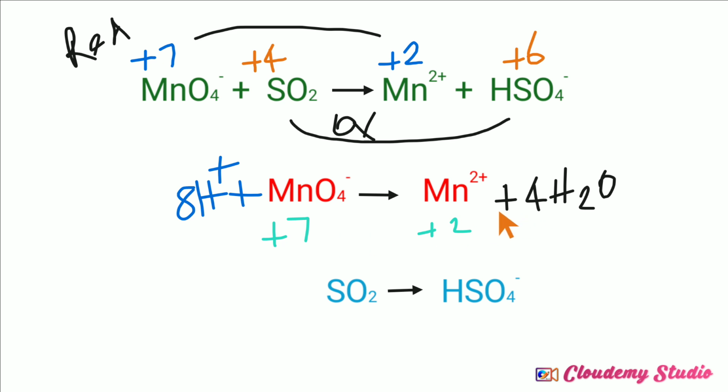And this reaction, what kind of reaction? Reduction half reaction. In reduction, gain of electrons takes place. So we need to add electrons to the left hand side.